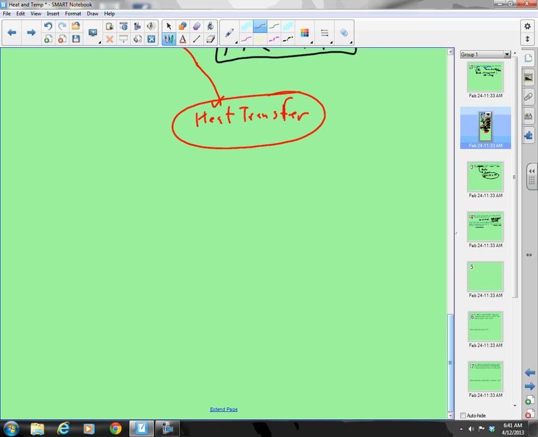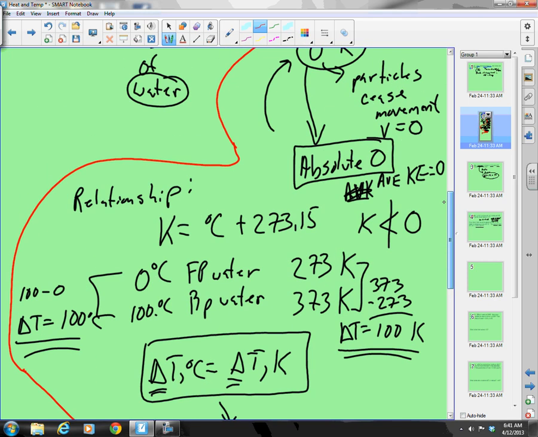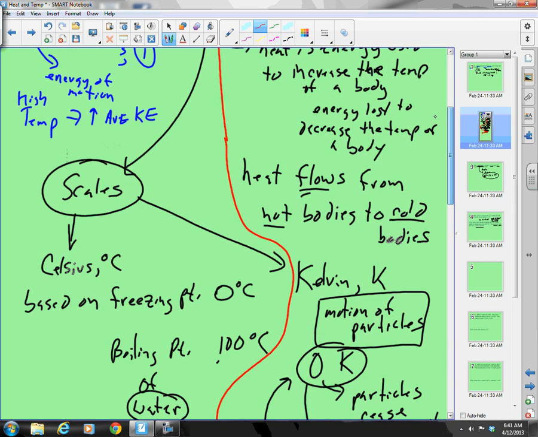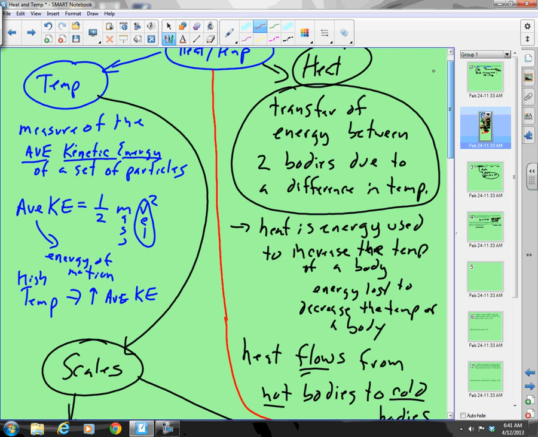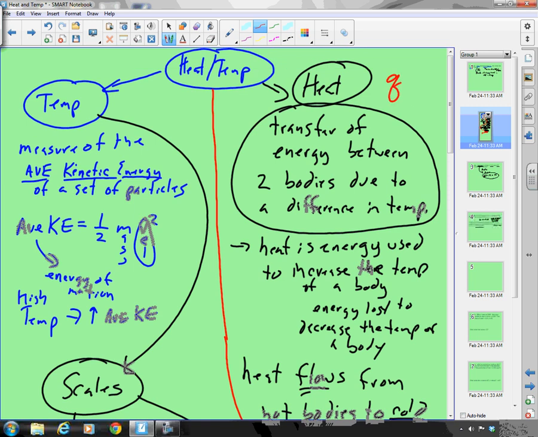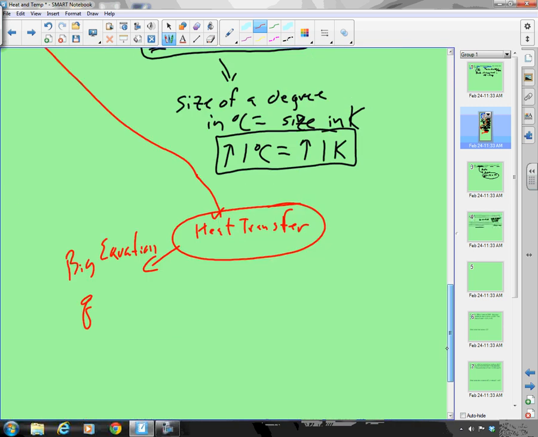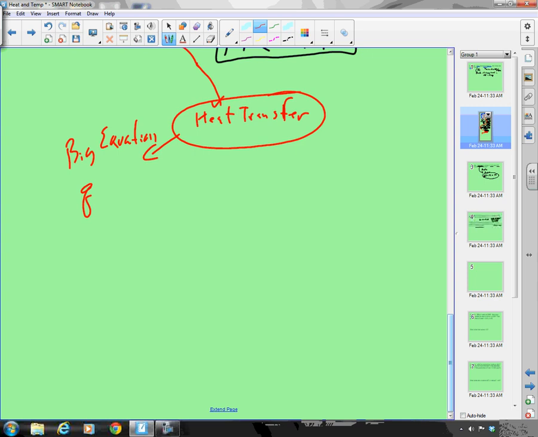Good. So we have one big equation, the big equation. Heat is known as Q. So Q, heat, is equal to M C sub P delta T. What does that mean?